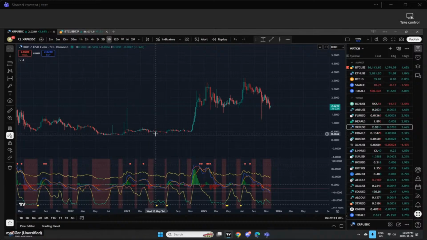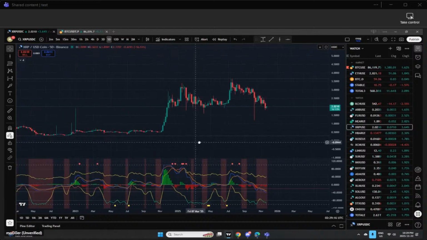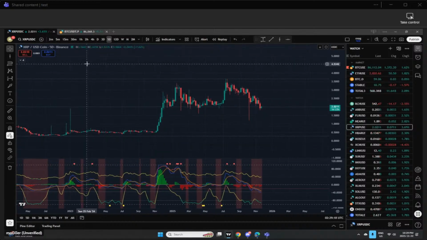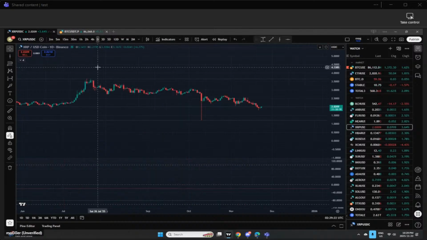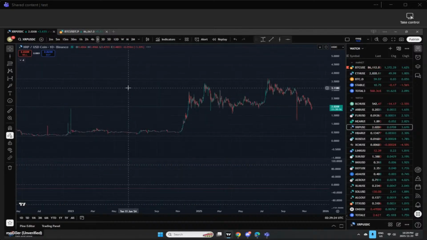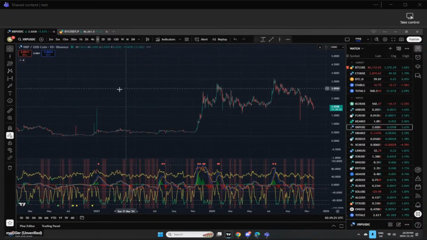You can put X amount of what you plan to take in that position and then use the daily and 4 hour after that to accumulate that position. As you can see, you had some really good opportunities here to accumulate your position, right?